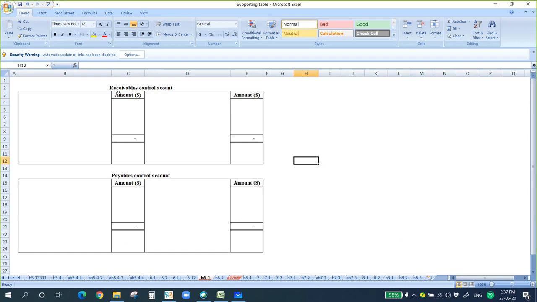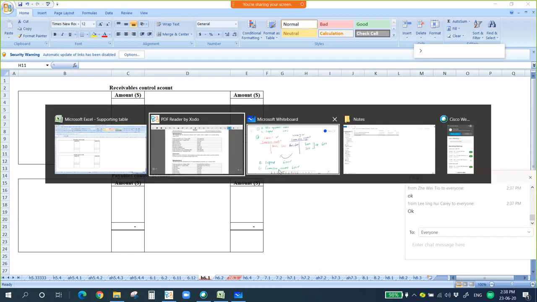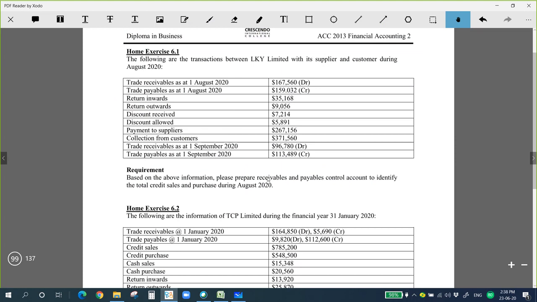Alright, so I think majority of you have finished the drawing of your receivable control and payable control, right? So we can look at the question now. Home exercise 6.1. The following are the transactions between LKY Limited with its supplier and customer during August 2020.